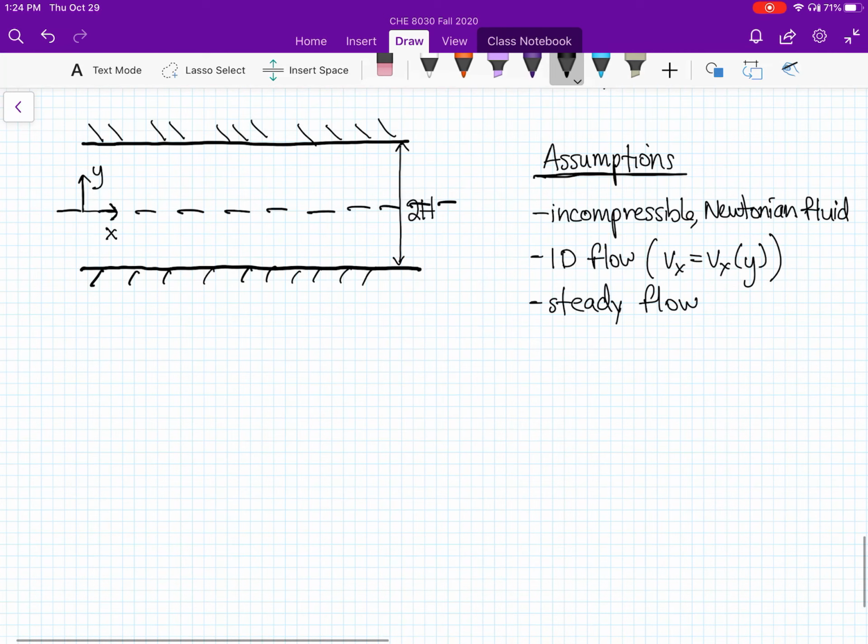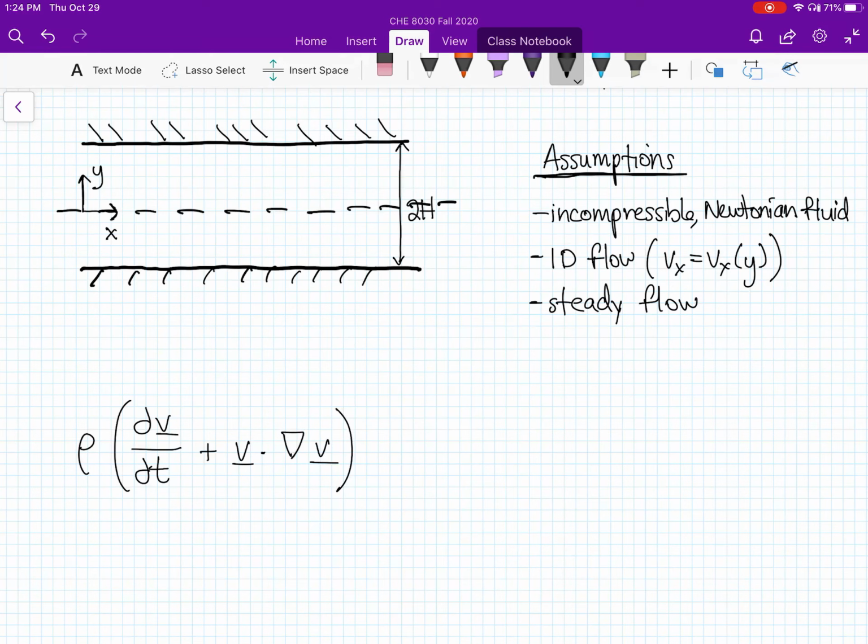Okay, let's start with our Navier-Stokes equation. I'm going to expand the material derivative on the left-hand side. So we have the following equation, and we also know, based on our continuity equation, that the divergence of the velocity must be equal to 0. We can, of course, make some simplifications.